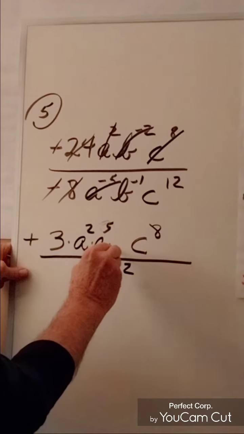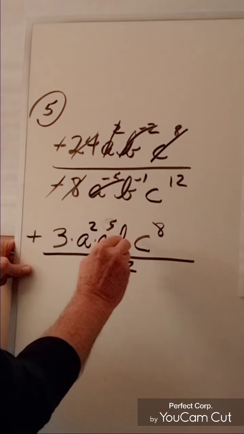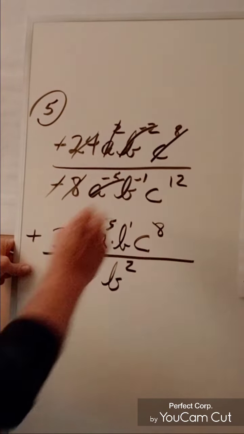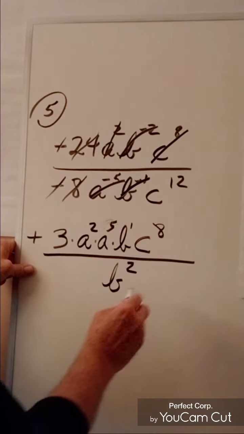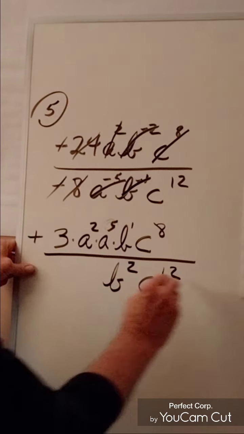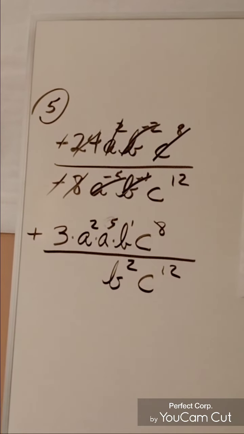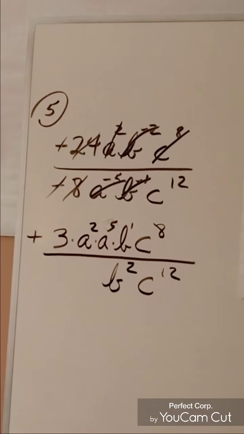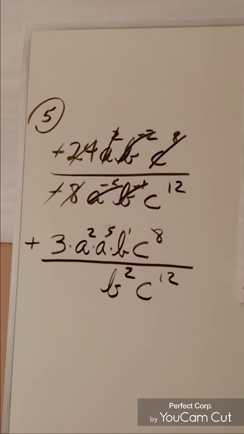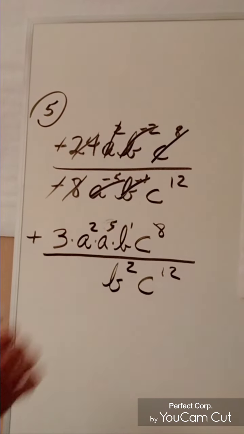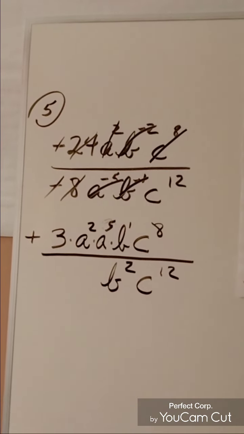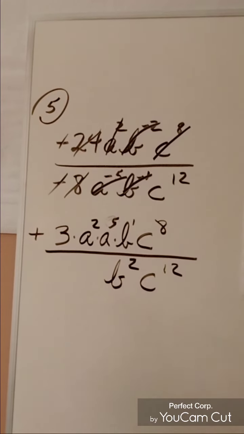I'll squeeze it right here, and I'll go ahead and put a 1 there. It's been taken care of. And then that C to the 12th is going to stay right where it's at. Now, one reason I elected to go this way is there are no longer any negative exponents that we're going to get bothered by. We're just going to have to be very careful as we simplify this.